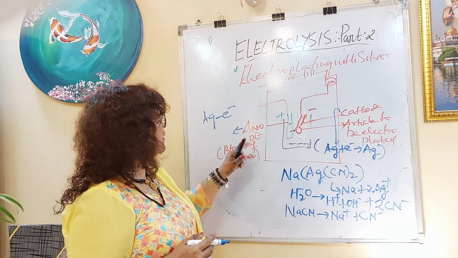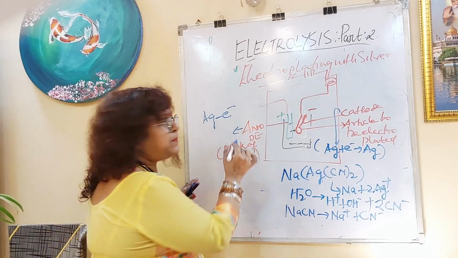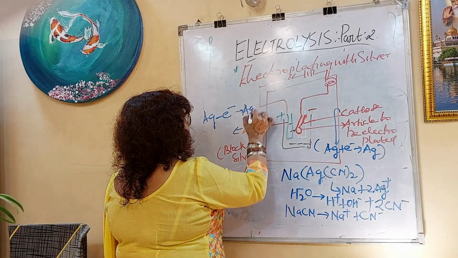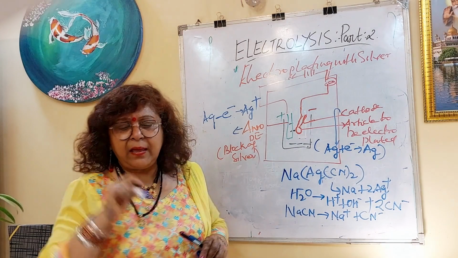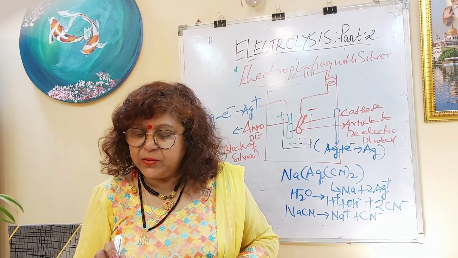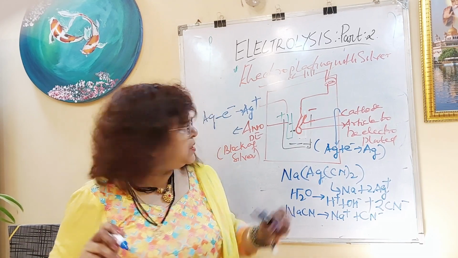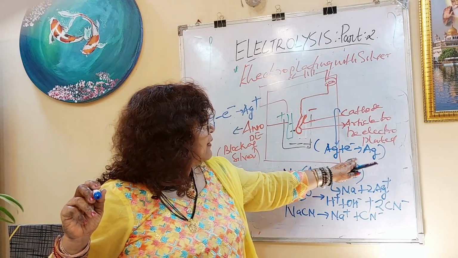Anode means oxidation. It forms Ag+. So this is the reaction at the anode, and the reaction at the cathode.